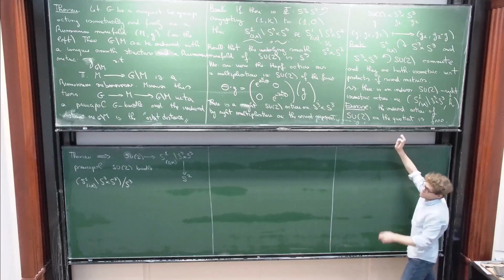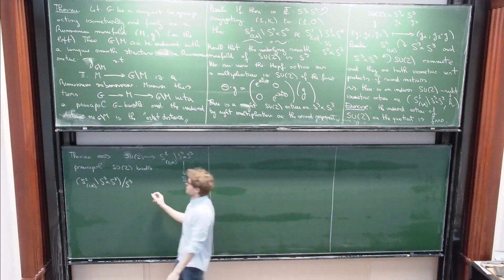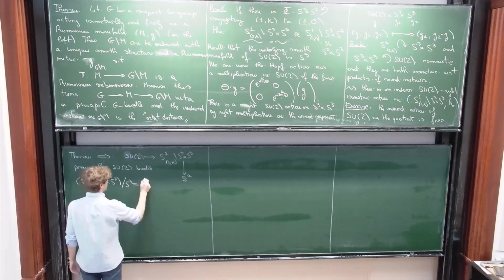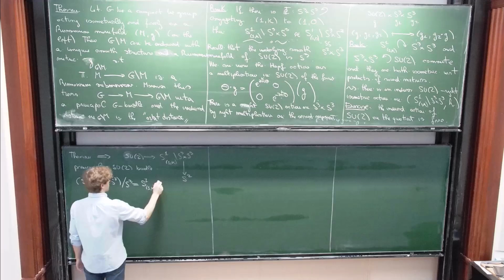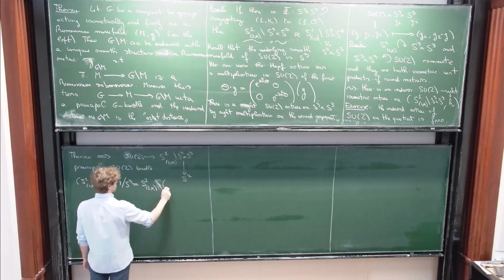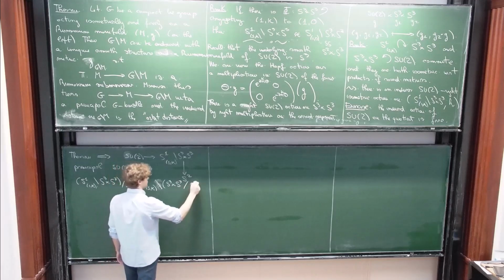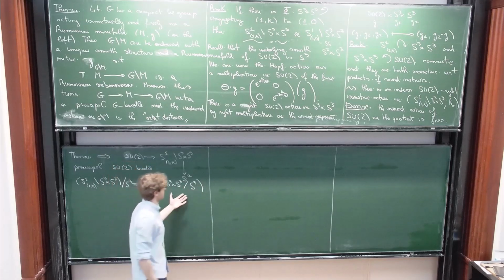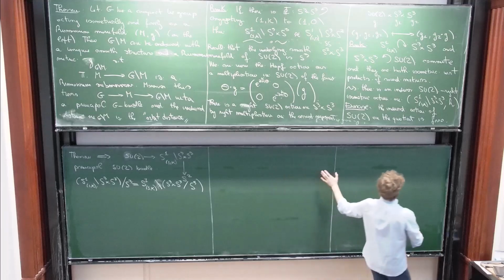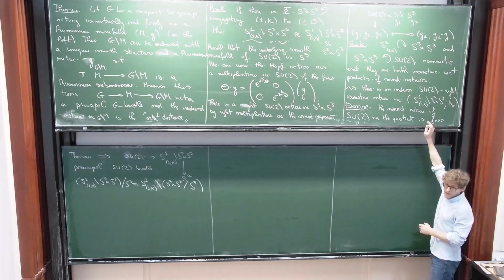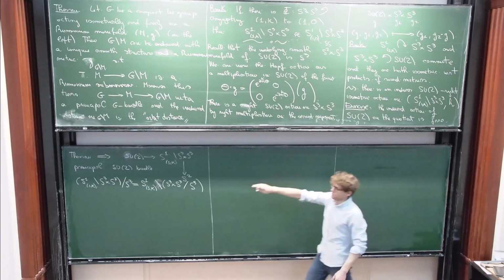I told you that the two actions commute. So this is equal to S1_{1,k} modulo S3 times S3 modulo S3. Now if you quotient S3 times S3 modulo the first action, then you are killing the second factor.